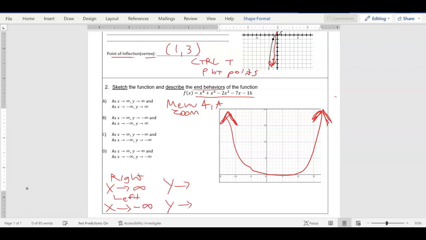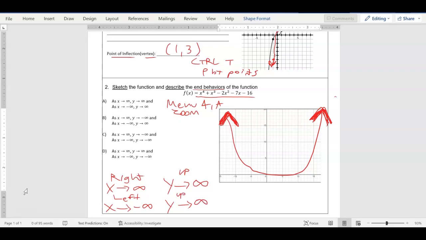Y is going towards what? Okay, so let's think about this first. As x goes to infinity to the right, which direction is this going? Up, which means positive infinity. What about when x goes towards negative infinity, which is to the left? As it goes to the left, which direction is it going? Up, which is also positive infinity.